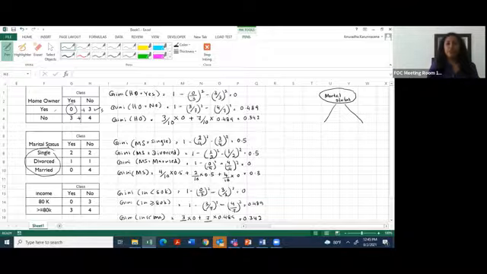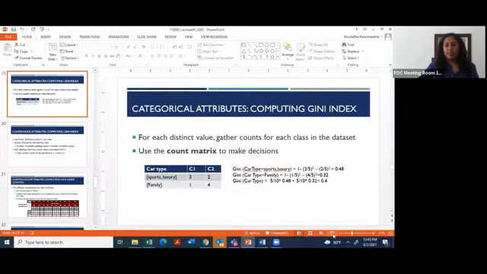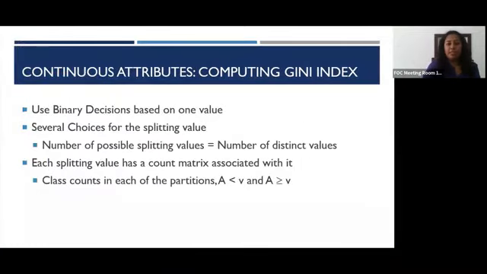Is it single and divorced together and married separately? Is it divorced separately and single and married together? Likewise, you have to see. Is that clear, students? Actually, I will not ask you to do that, but keep in your mind that you have to do it.